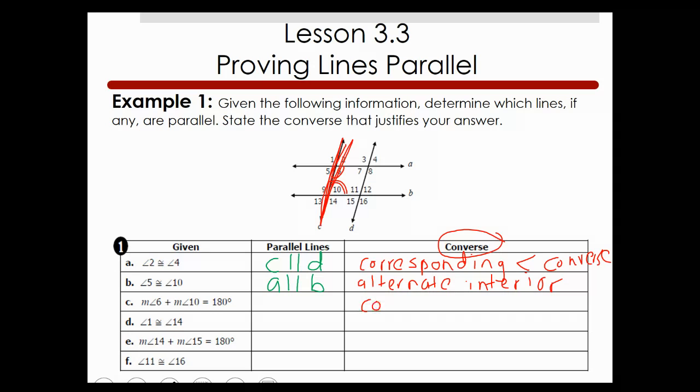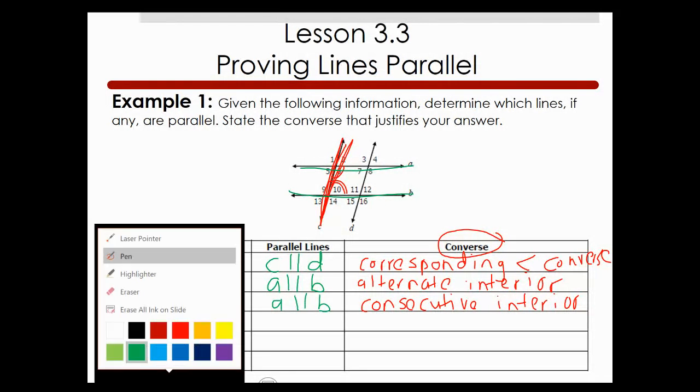So that is consecutive interior. And we know it's cutting lines A and B. So A is parallel to B again.